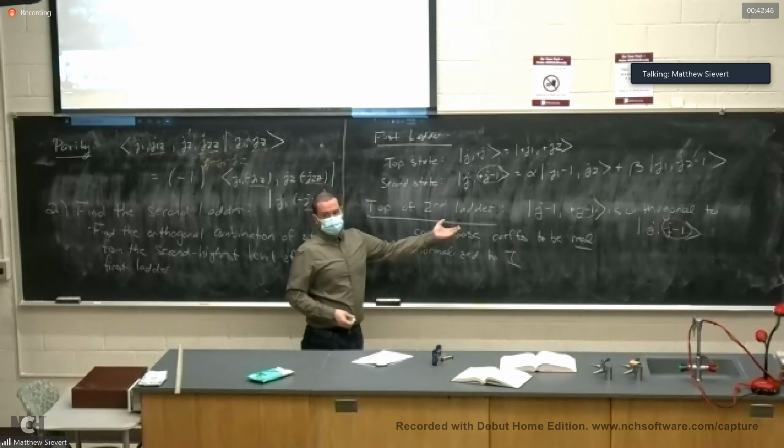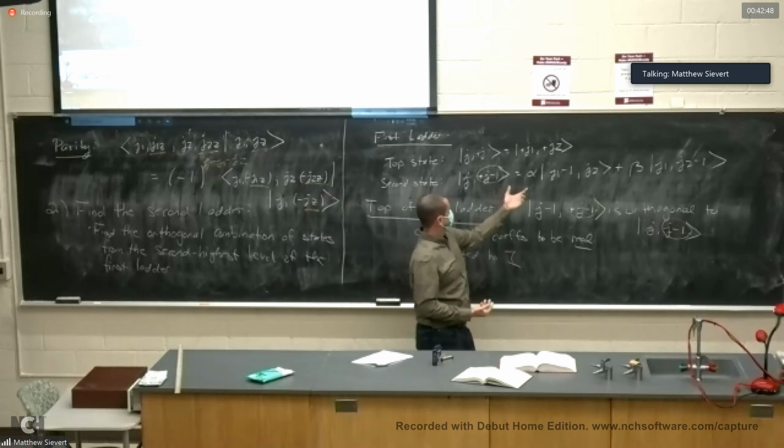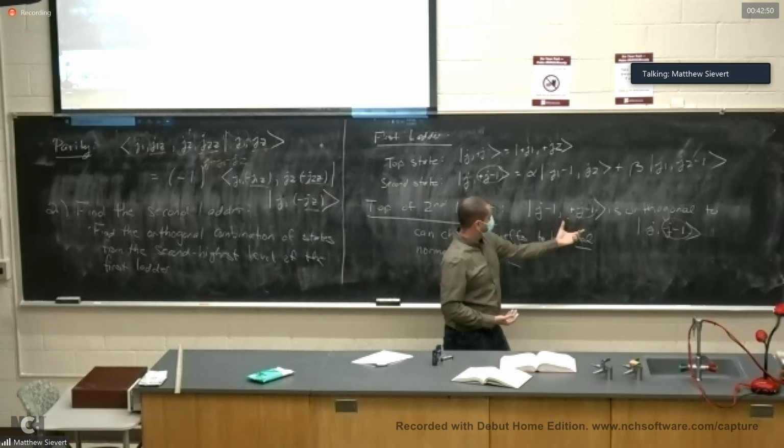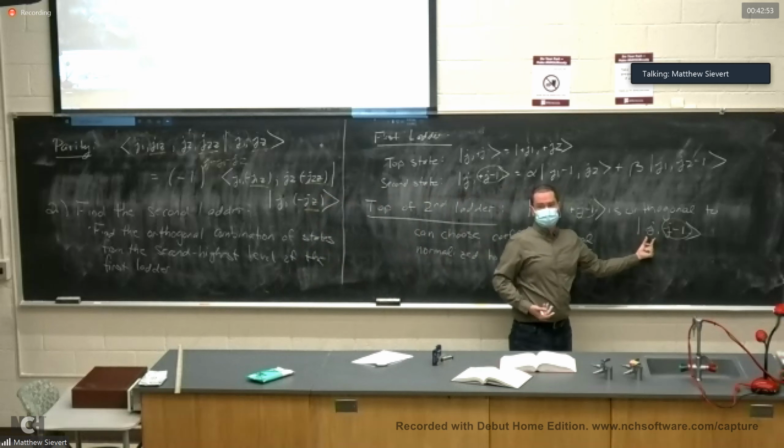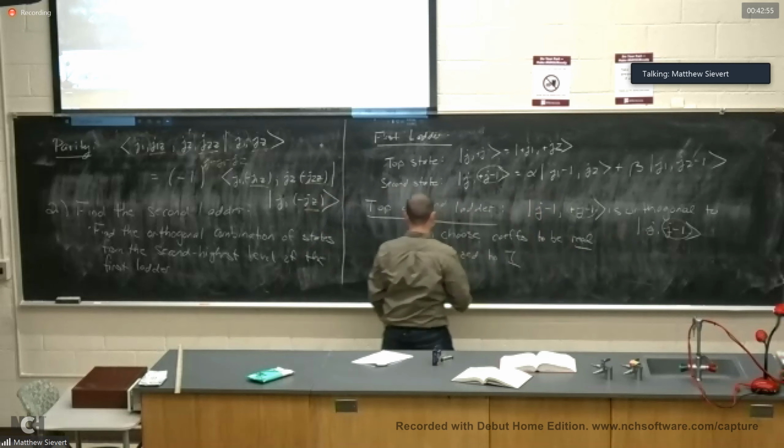And conventionally, we choose the coefficient labeled alpha, the one where the first spin is maximized, to be positive.